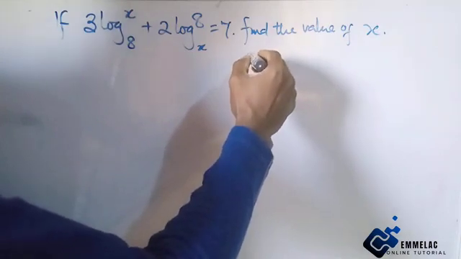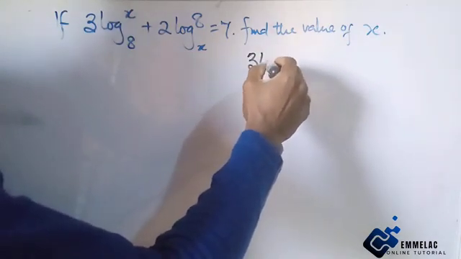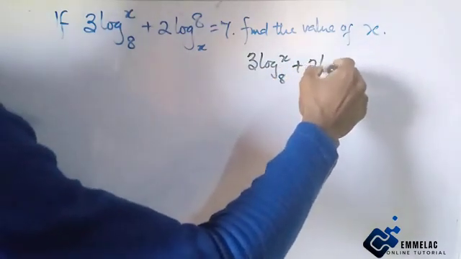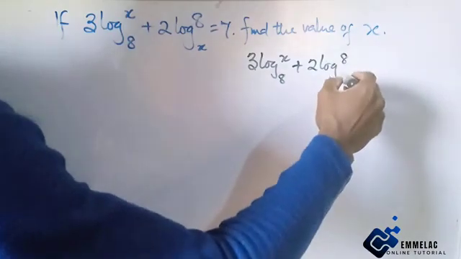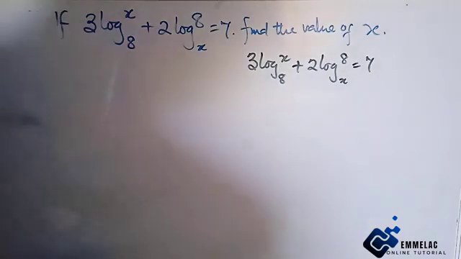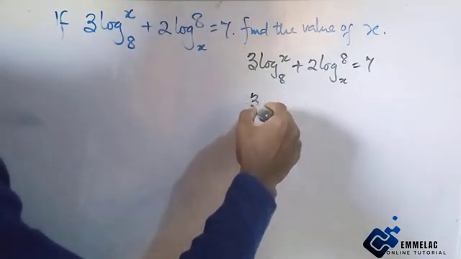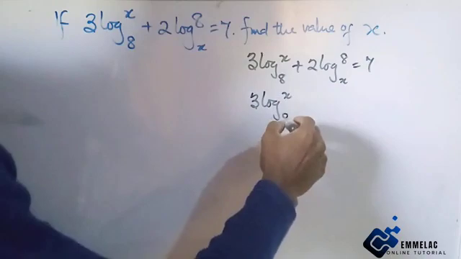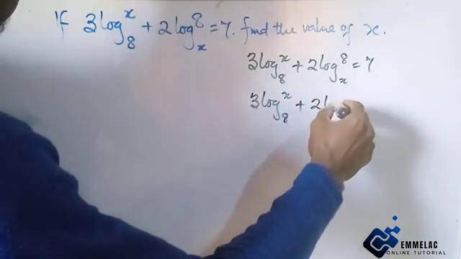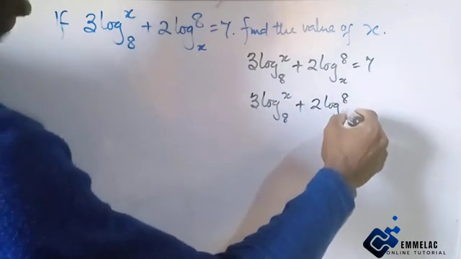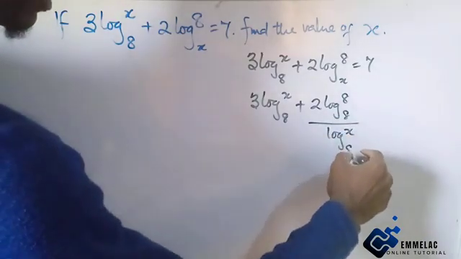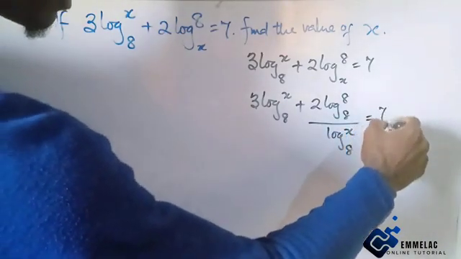First of all, let us write it out that 3 log x base 8 plus 2 log 8 base x equals 7. Now what we just need to do is say 3 log x base 8 plus, we will now say 2 log 8 base 8 over log x base 8, then equals 7.